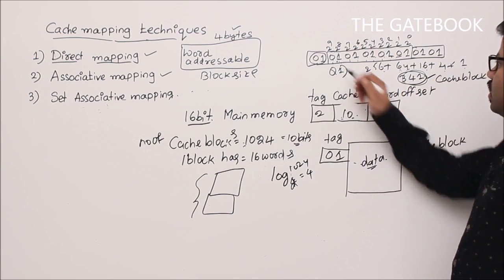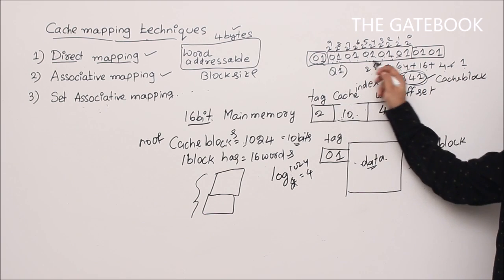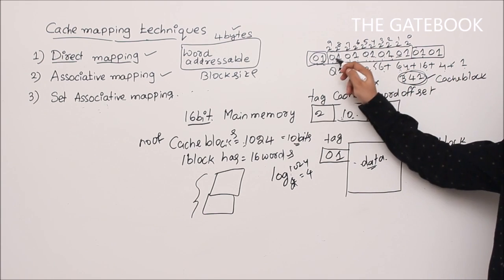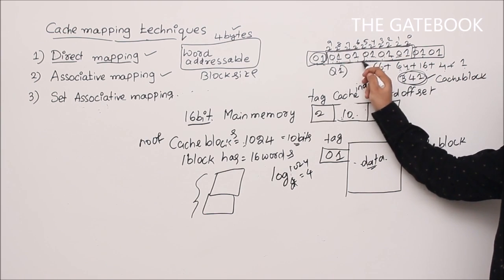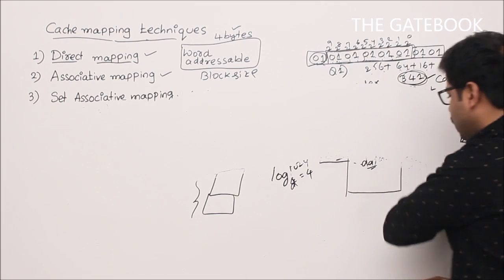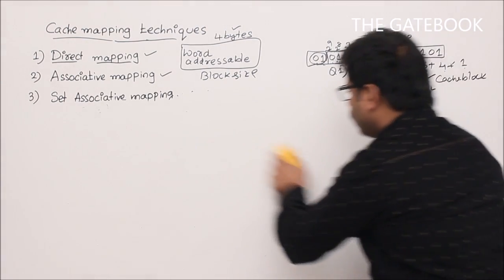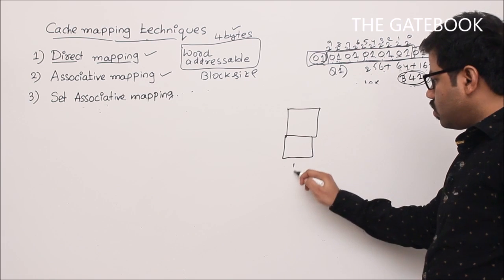Example, let's say this memory address. Whenever it is referenced, first we split it into 3 parts. Then we take this one, and using that we are going to index into the cache. I'll show that with one picture. Let's say this is your cache, a lot of blocks.